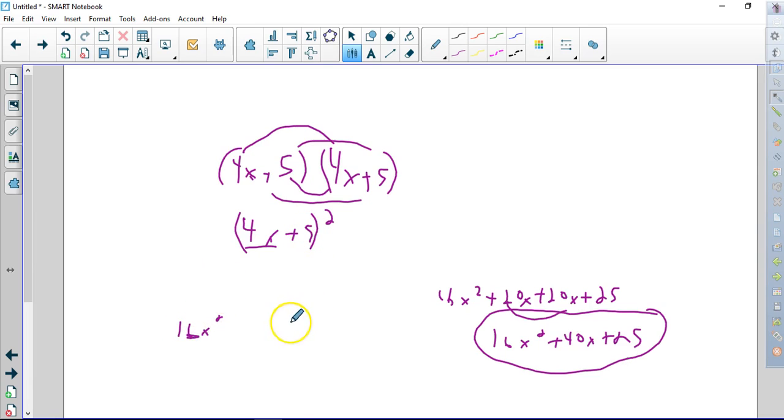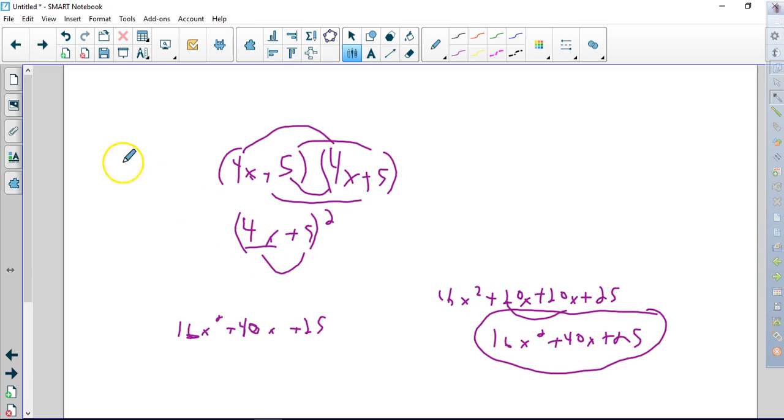You can square the last term and put 25 over here. And then all you do is multiply here and double. 5 times 4 is 20, double 40x. And we get the same answer, just in a little bit time-saving mode. Not a lot, but a little bit.